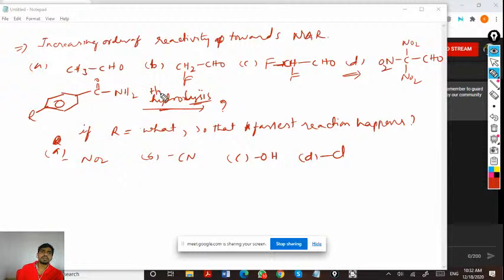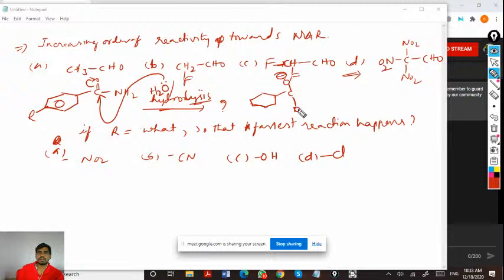So hydrolysis is going to take place with the H2O. Initially the H2O nucleophile will attack on the carbonyl so that it will form a resonating structure or anion, carboxylate type.